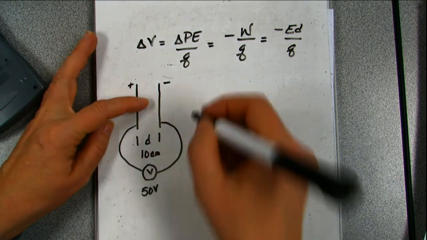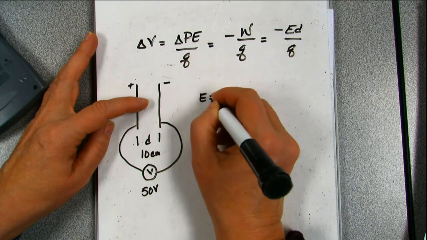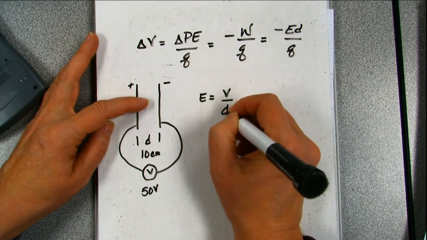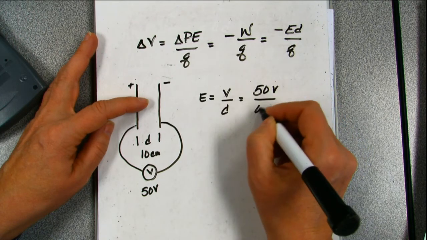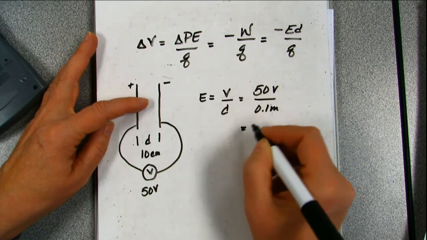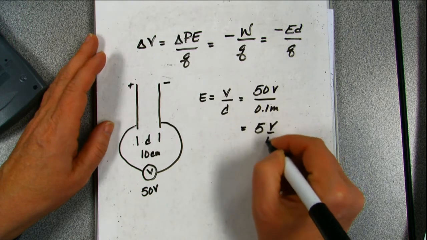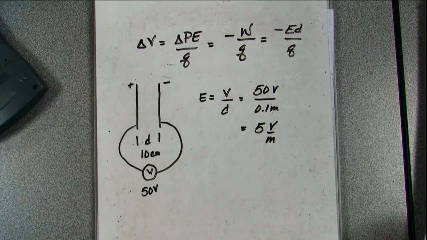Let's calculate the electric field. The electric field is going to be the voltage divided by the distance, which means I'm going to have my 50 volts divided by my 0.1 meters, and I'm going to have a 500 volts per meter electric field.